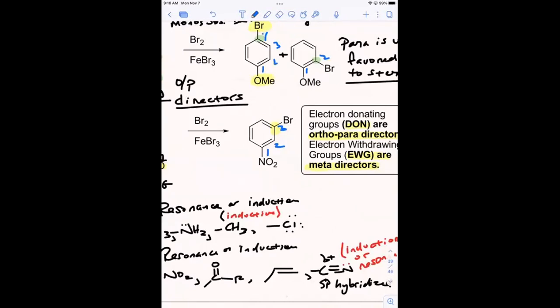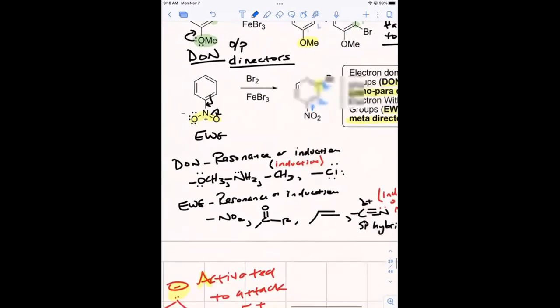Don't confuse that with the addition to a conjugated diene. It's not the same. It's just the positioning of the substituents. So anytime you have an acceptor on the ring that can pull electrons out of the ring, either by resonance or by induction, it's going to cause the meta position to be activated.